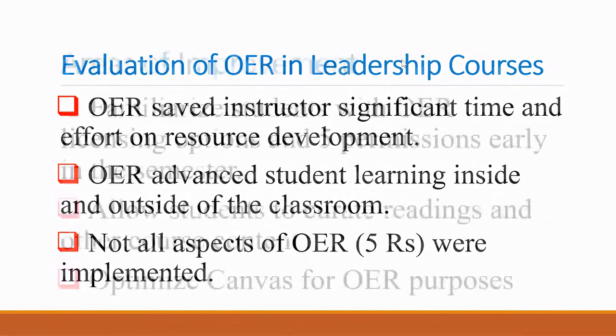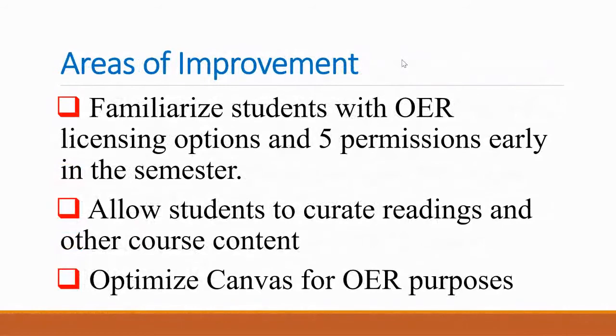So my areas of improvement is to familiarize students with OER licensing options and the 5 permissions early in the semester, because they are not familiar with this. They are happy because they don't have to buy textbooks, and they see these resources that are available on Canvas, but they don't understand exactly how this licensing and those permissions work.